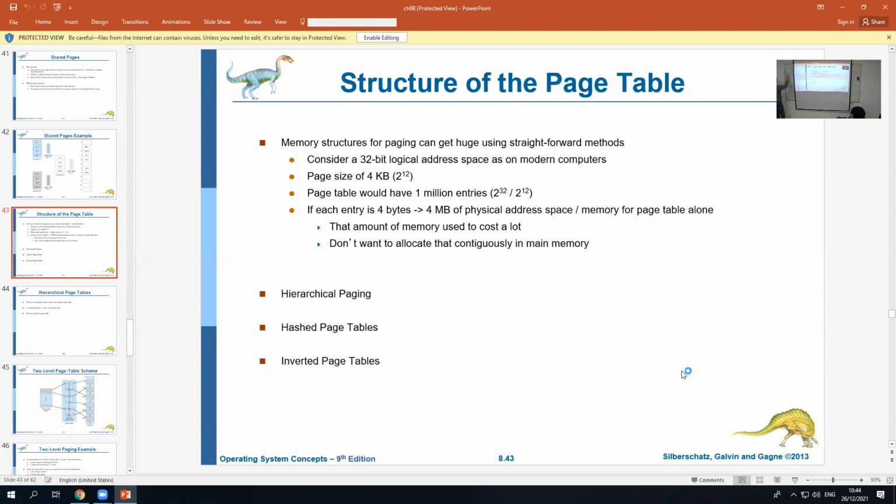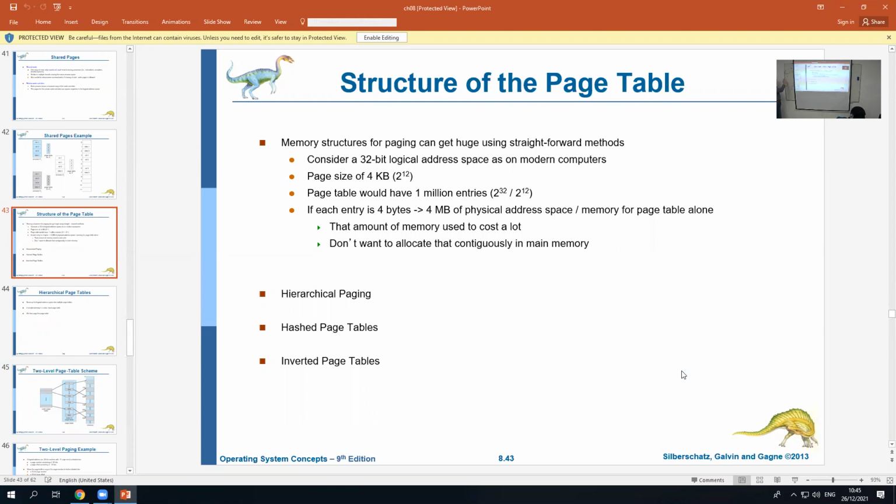2 to the 20. Let's do what he says. He says 2 to the 20th, right? This divided by this is 2 to the 20th. The page table would have 1 million entries, approximately, because 2 to the 10th is a kilobyte and 2 to the 20th is a megabyte.